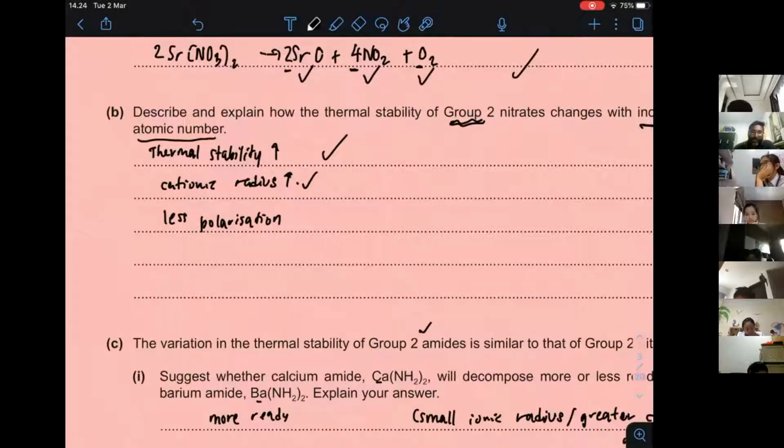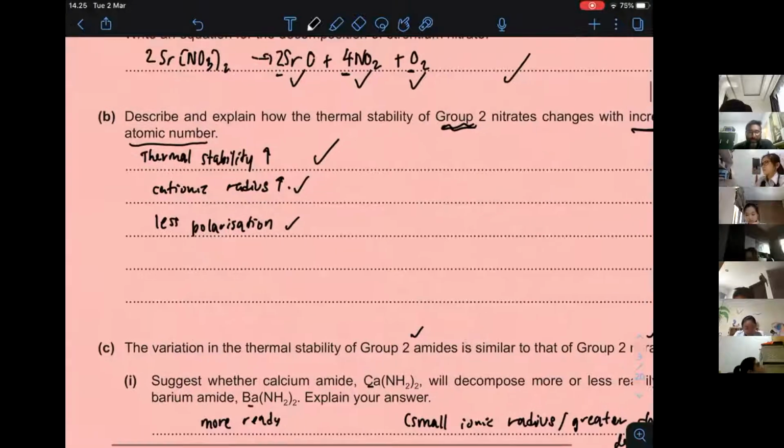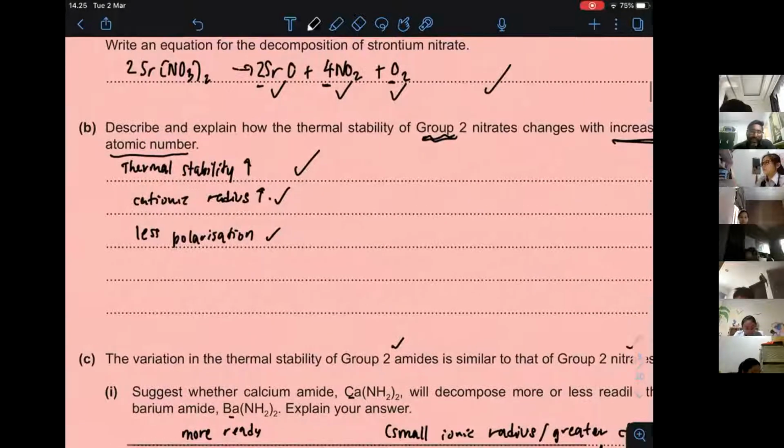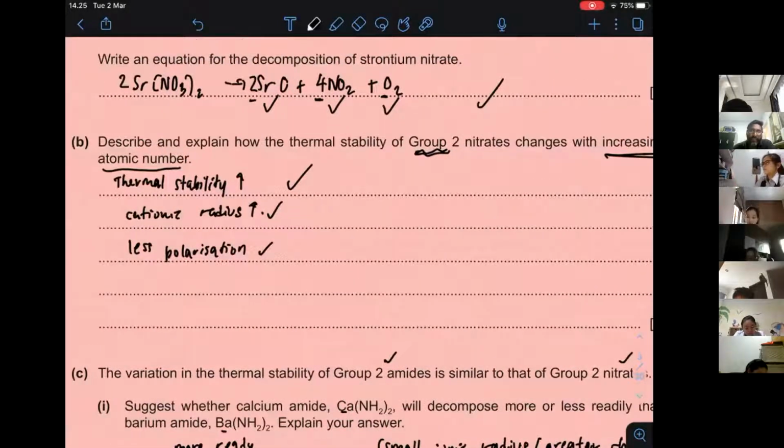When the radius is increasing, you are going to get less polarization, or less polarizing ability towards the nitrate. So less polarizing ability, or you can say the electron clouds are going to be less distorted. Because of that, the thermal stability will increase.